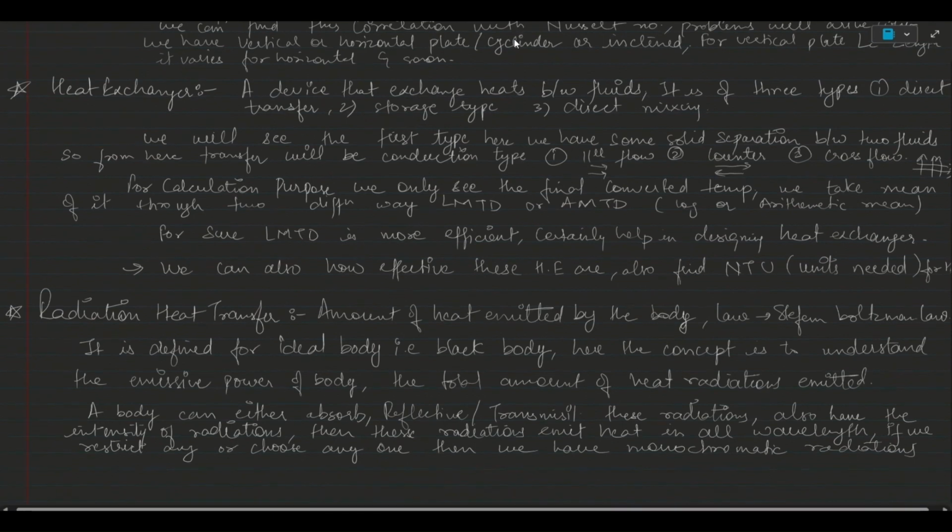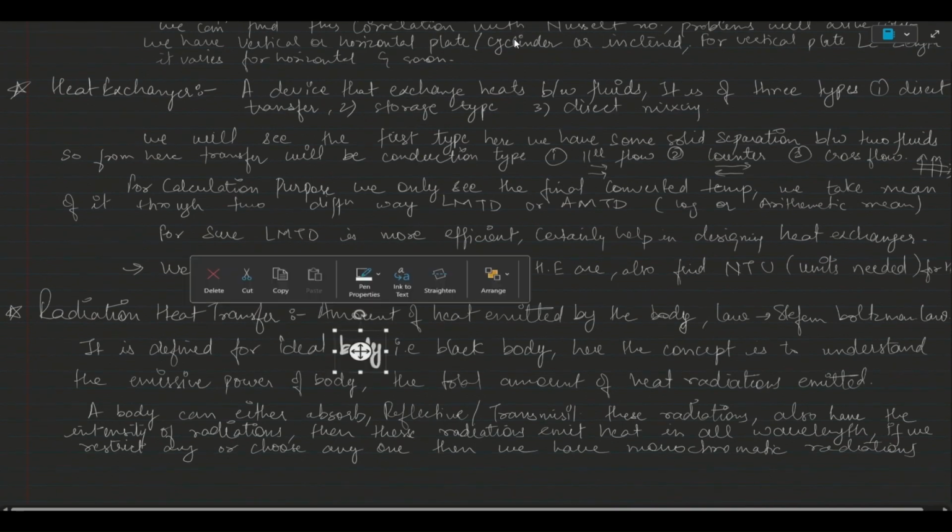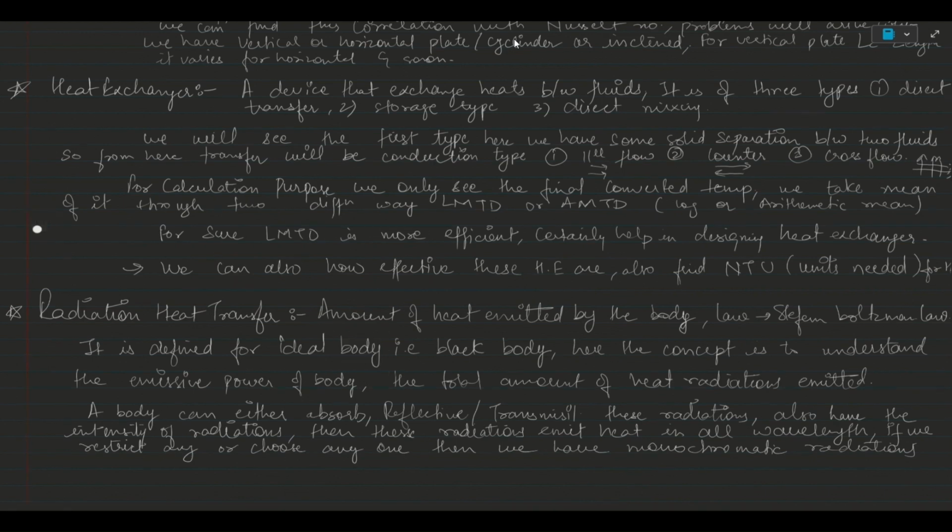So when we see the first type here, we have the direct transfer. We try to have some solid separation between two fluids, which means we might have the conduction transfer as well as the convection transfer. Both transfers are going to happen.